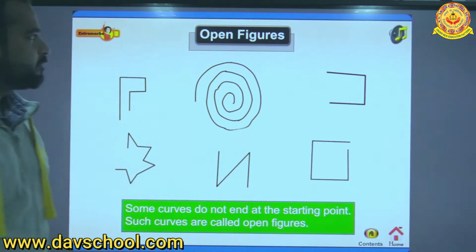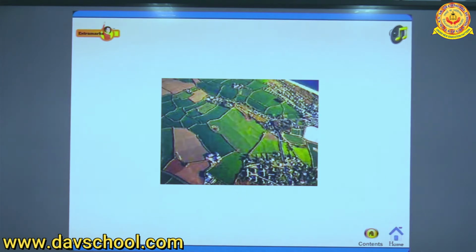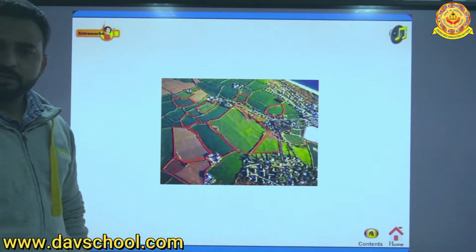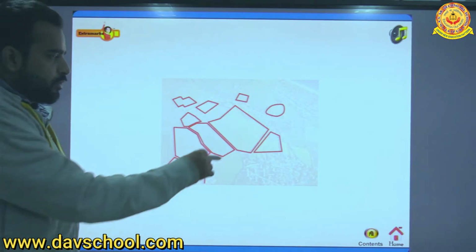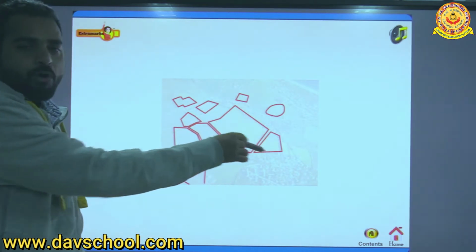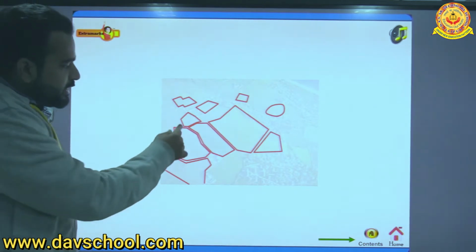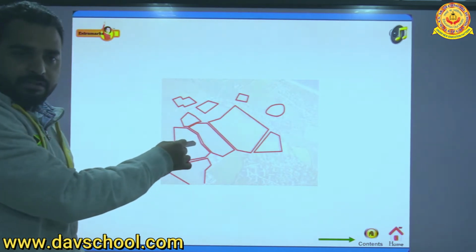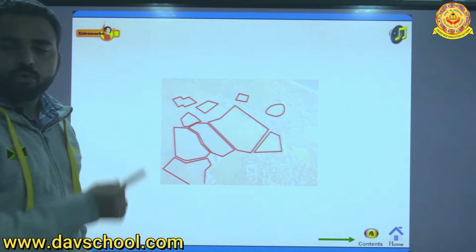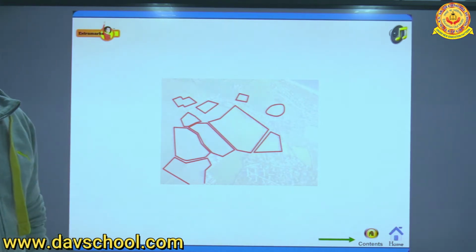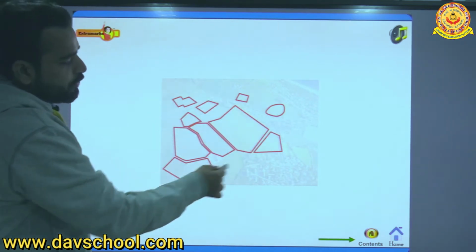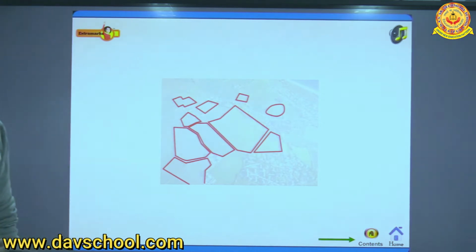Okay. Let's see, what do you observe here? We can see that there are so many polygons, right? Because these all are line segments. The shape which is made by only line segments, we call polygons. So as we can observe here, these all are polygons.